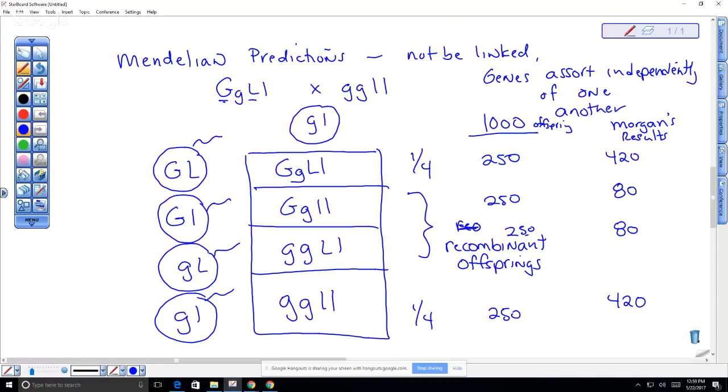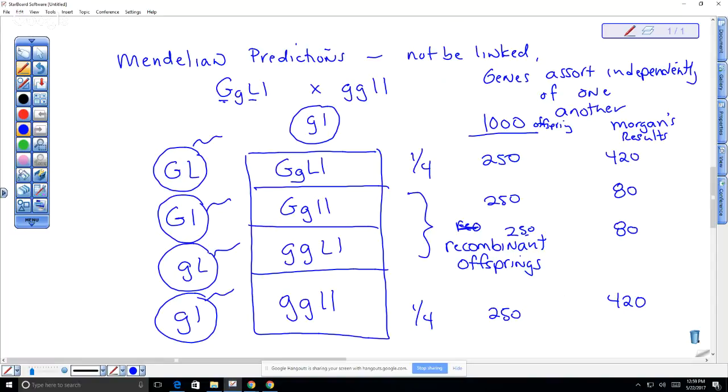Sort of? Okay. So, if you think about where the genes are on the chromosomes, you shouldn't get any of this, right? So why do we even get recombinant offspring? What mechanism can explain these 160 individuals out of 1,000? What can explain that?